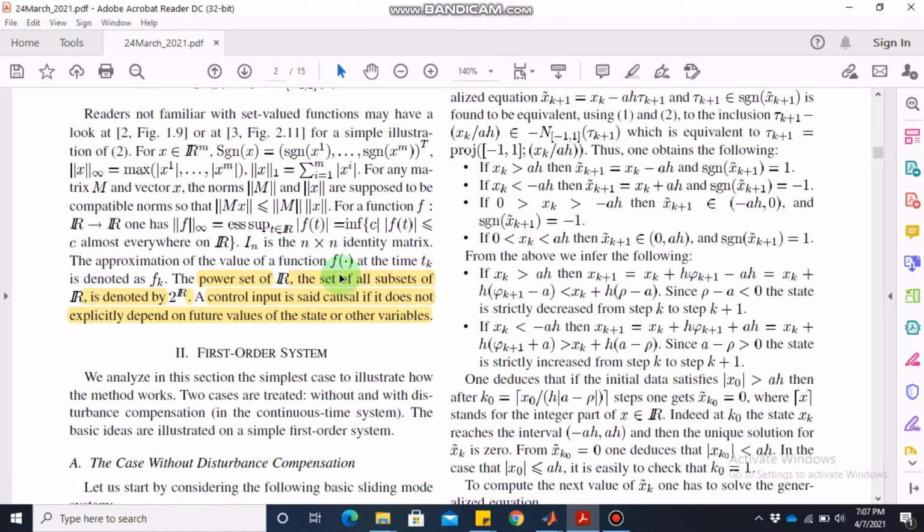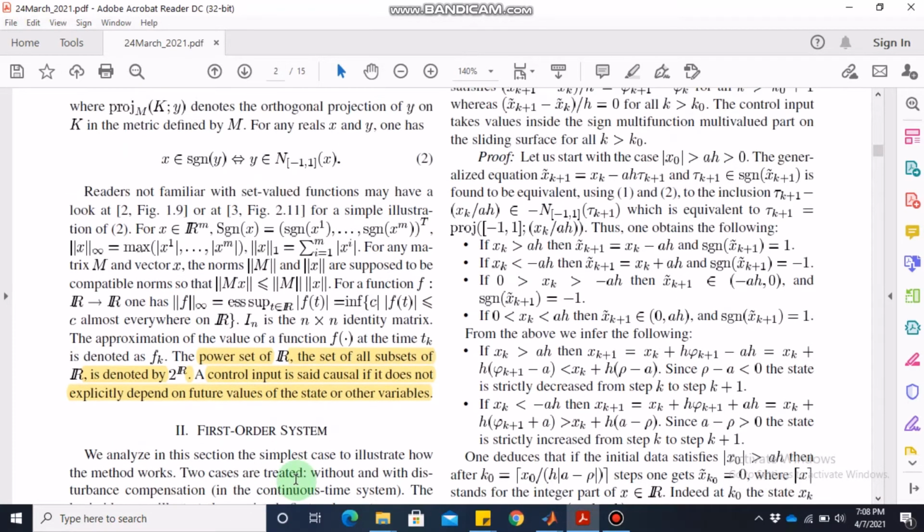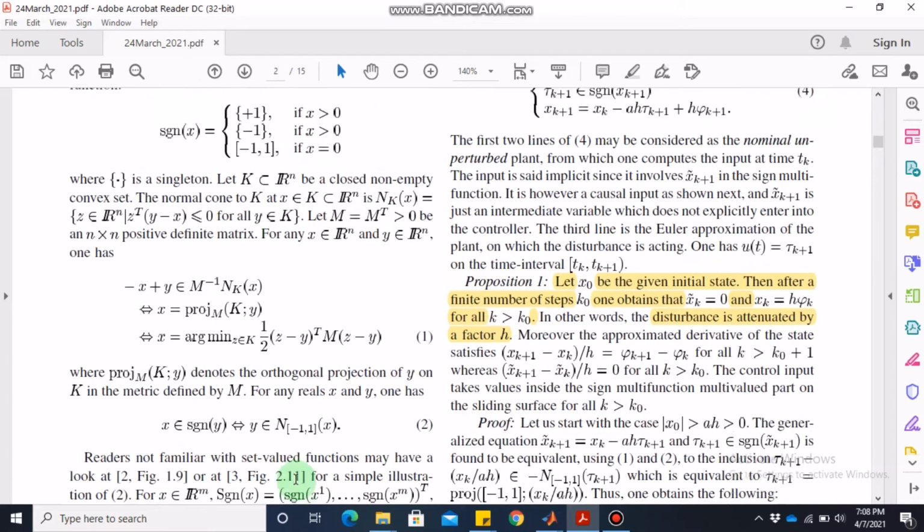So the first system proposed in the paper is the first order system, x dot equal to minus a tau plus phi, where tau belongs to sine of x. So instead of tau equal to sine of x, tau belongs to sine of x because of this different definition of the sine function.